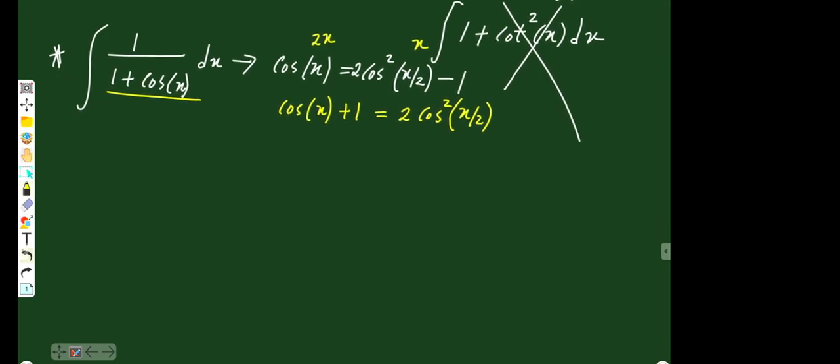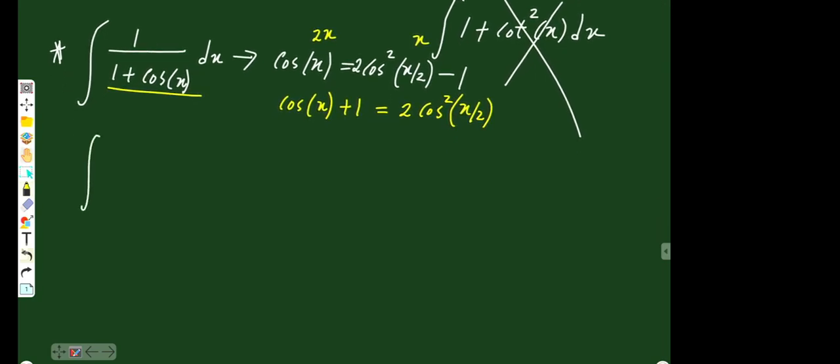So here, now what we are going to do, integration of 1 divided by, I'm going to put 2 here, you get cos squared x divided by 2 dx.